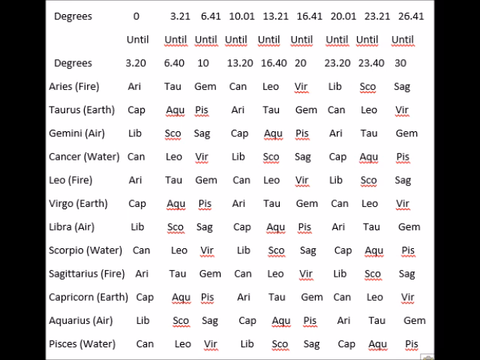Again, in case you have a Gemini ascendant in the main chart and the degrees of that ascendant is, say, 18 degrees, then you look in front of Gemini here and see where 18 degrees is falling.